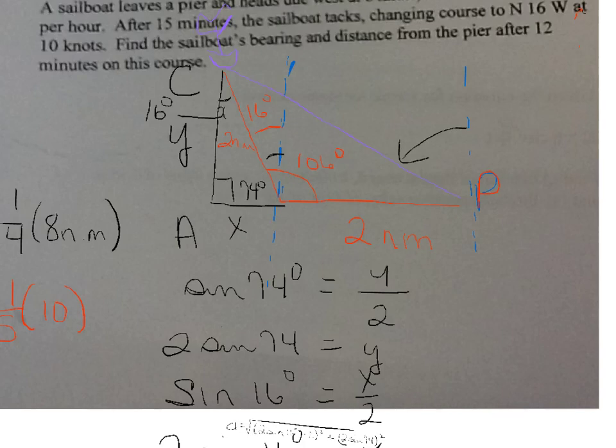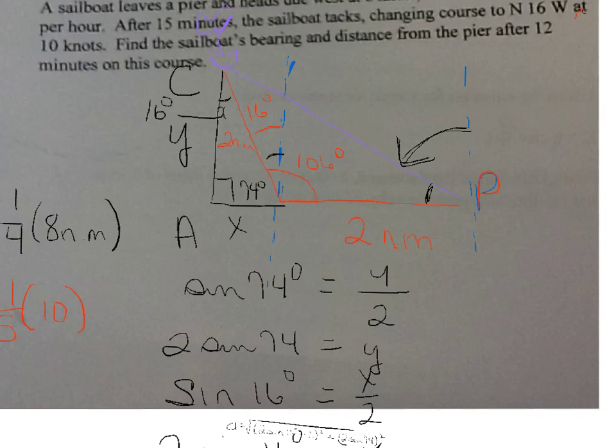Okay, we want bearing. And we said bearing is from north or south. In this case, it's going to be from north. And this is the angle that we're looking for. So which angle do I have to find in order to find the other one, which is the small one? I can find this angle, can't I?